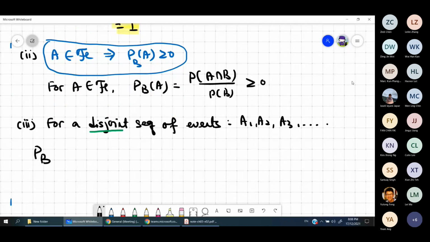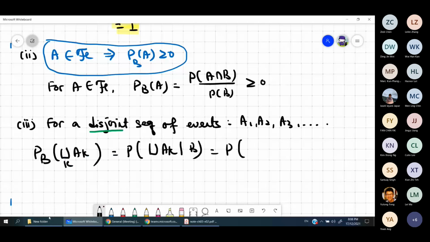P_B of the union of all the A_k, again by the definition, is P of the union of all the A_k intersect B over P(B), with k running from 1 to infinity.